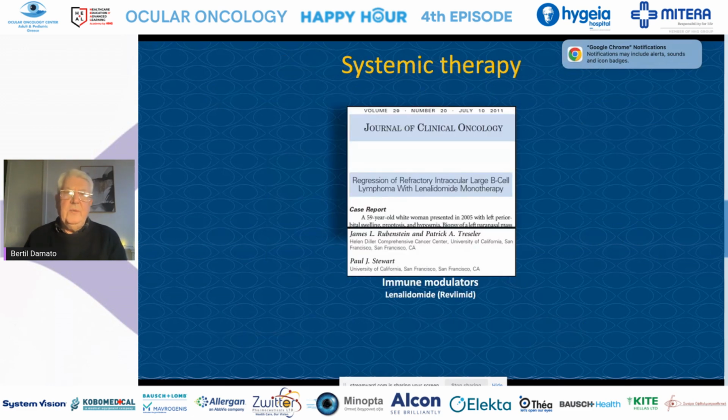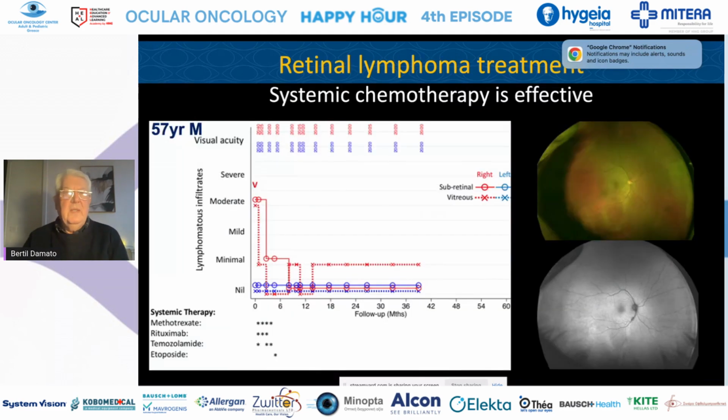And several years ago, he and others, and Paul Stewart, who was my predecessor in San Francisco, reported resolution of vitreoretinal lymphoma with lenalidomide monotherapy. Lenalidomide is an immune modulator that somehow stimulates the immune system that has an effect on lymphoma.